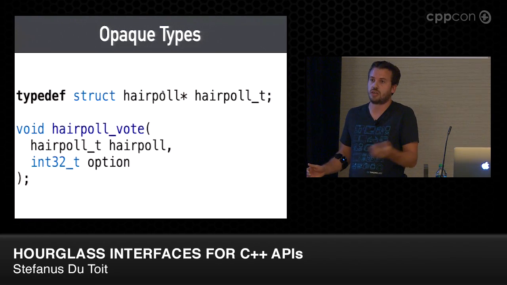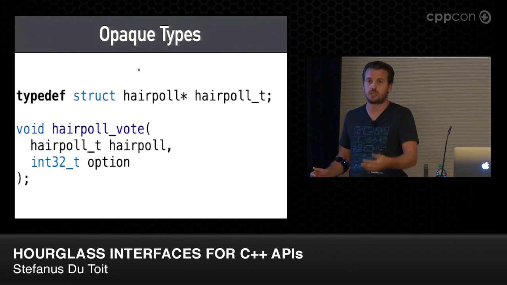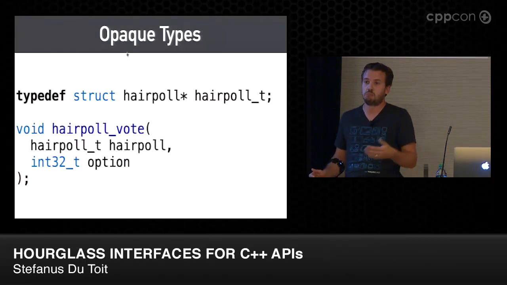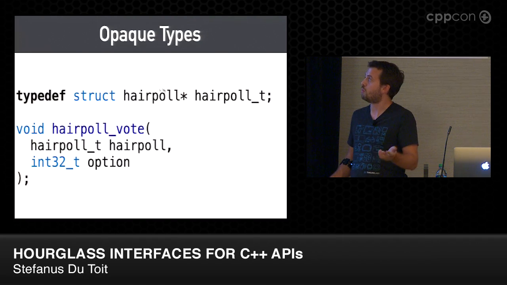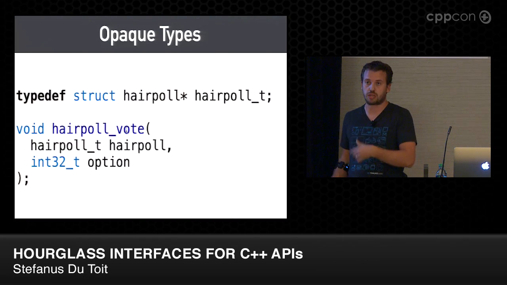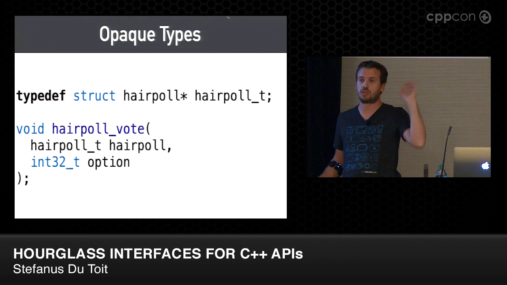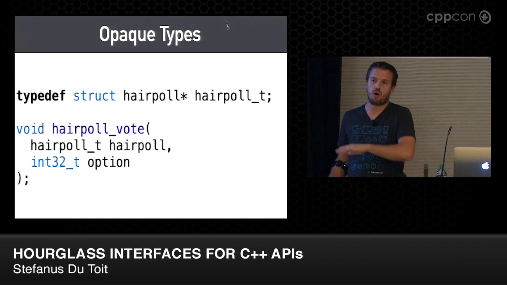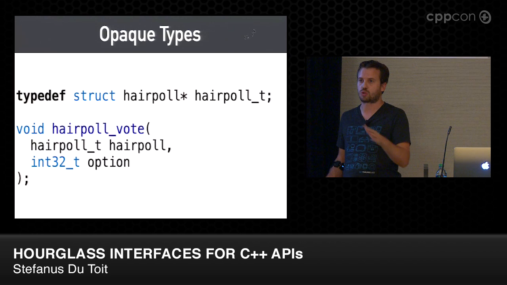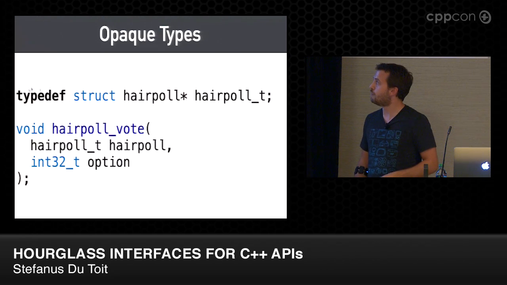We don't really know what those are yet, but we've got a pointer to them, and we can certainly pass pointers to them into places. If somebody gives us one of these, somehow they got it, then that's fine. We can pass it into another function that expects a pointer to one of these, all without ever really knowing what's actually inside of the struct.